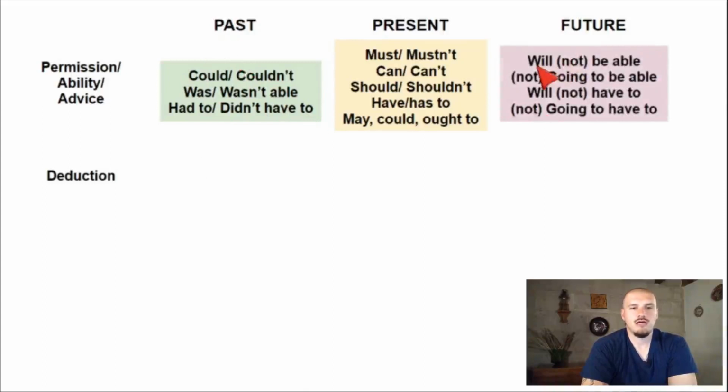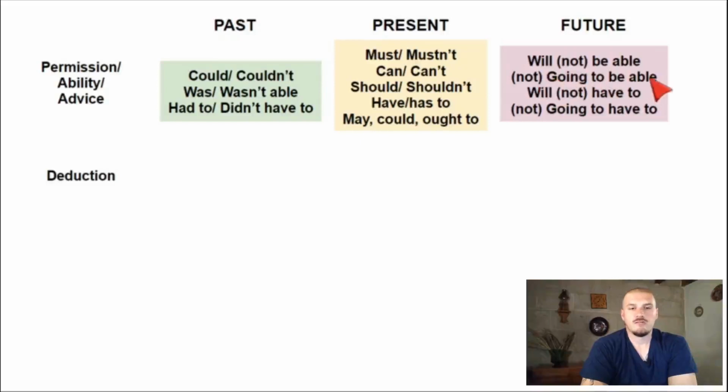In the future, I will not be able to. Can no se puede ocupar en el futuro tal cual. En español sí, ¿verdad? Poder o podré o voy a poder, pero en inglés no se puede decir I will can or I am going to can. Tenemos que utilizar la misma cosa de be able, ser capaz o tener la habilidad. I will not be able, no podré. I will not be able, or I will be able, podré.